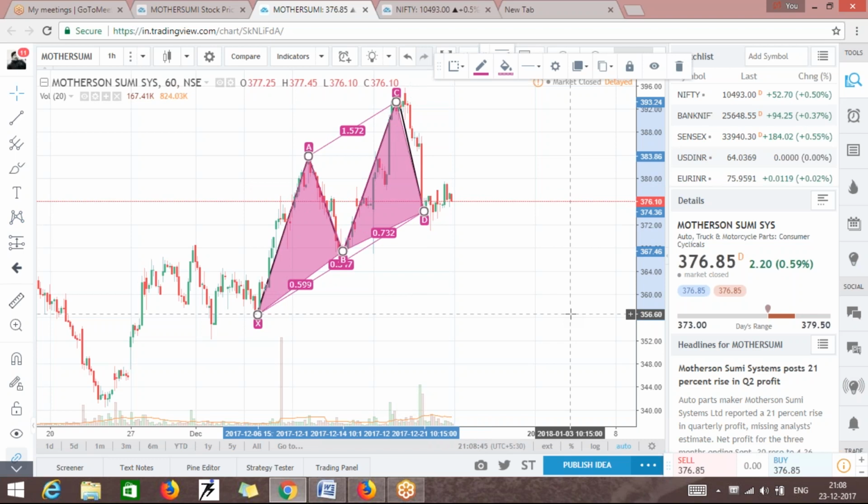Cipher has bullish and bearish both. This is a bullish cipher. Here it's already being mentioned, this is the XA line. This retraced to a level of, what we have known is, the 1.272 level.